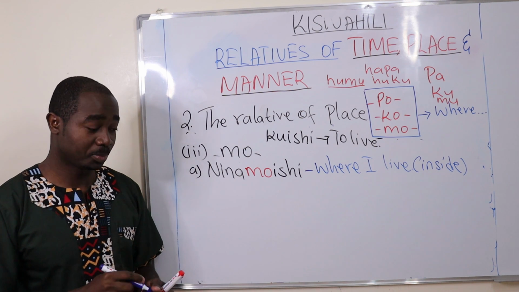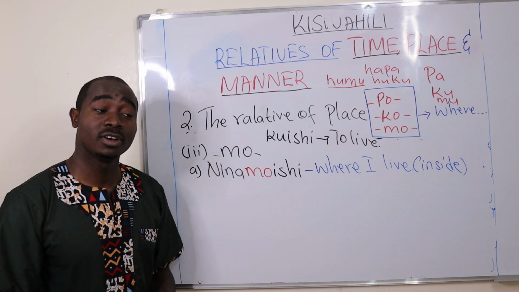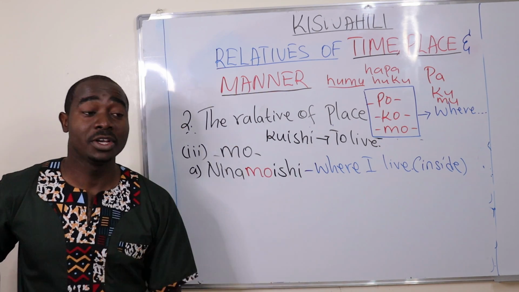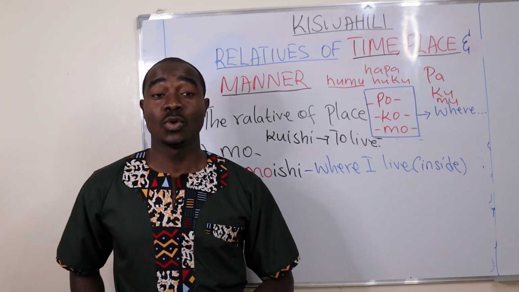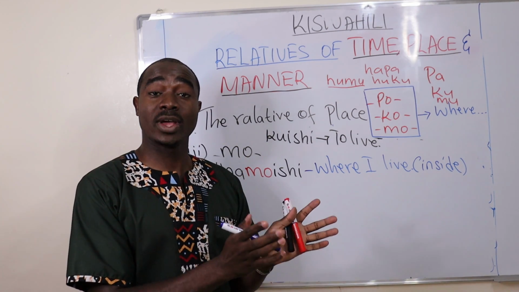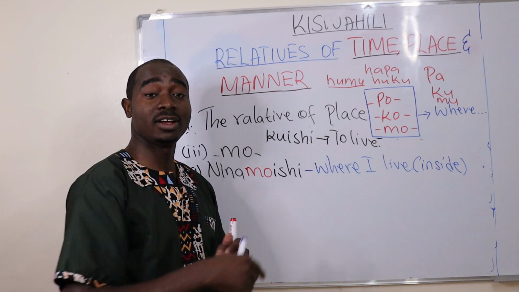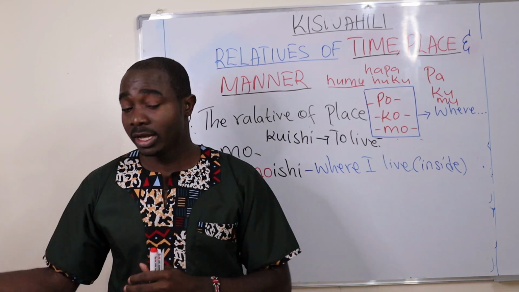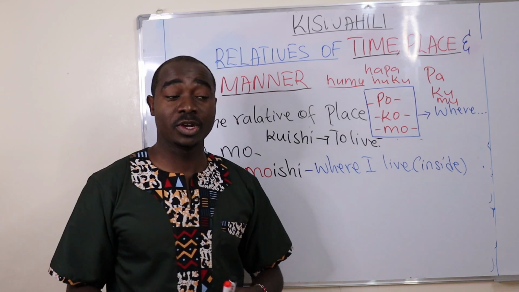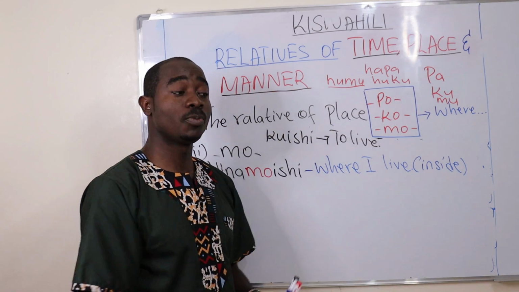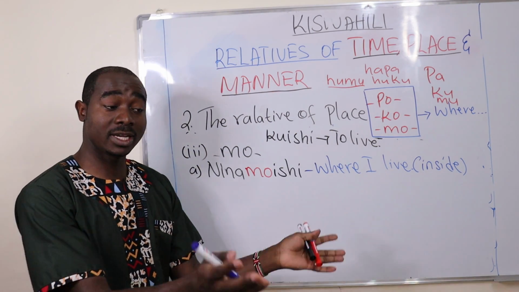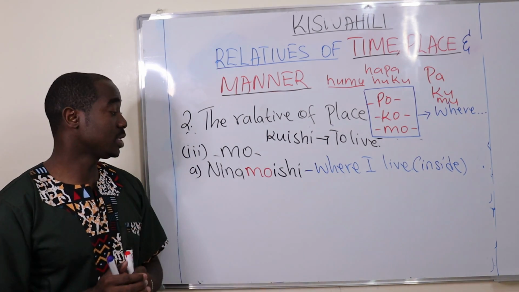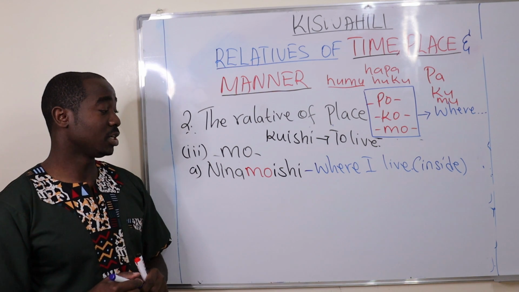Maybe you're living in a cave, you tell someone, ninamoishi ni humu. Where I live, the inside, is here. Or you live in a room, you tell someone, ninamoishi ni humu. You bring a guest, ninamoishi ni humu. The place where I live, the inside place that I live in, is here. Ninamoishi ni humu. Sawa? Ninamoishi.